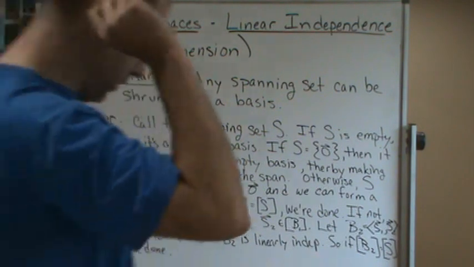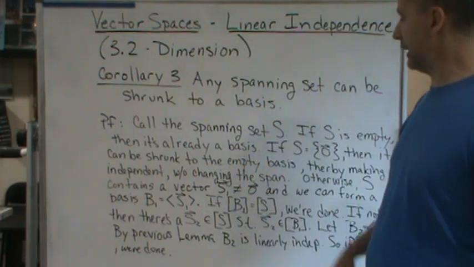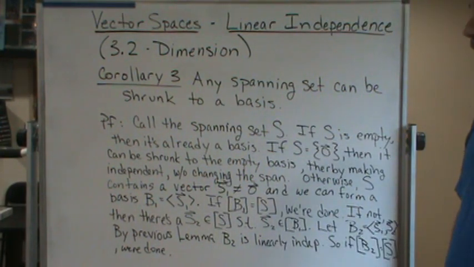All right, so here's another corollary. Corollary 3 says any spanning set can be shrunk to a basis.